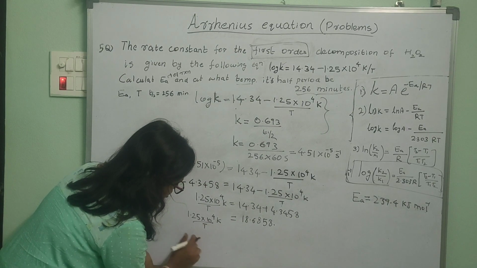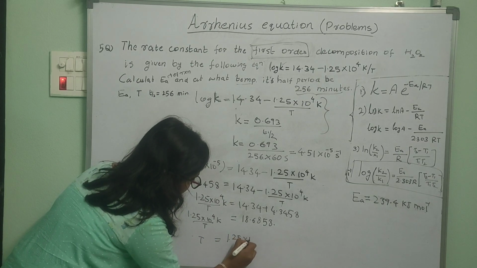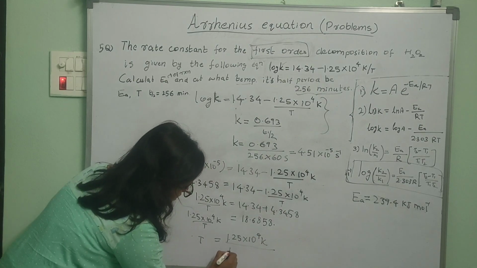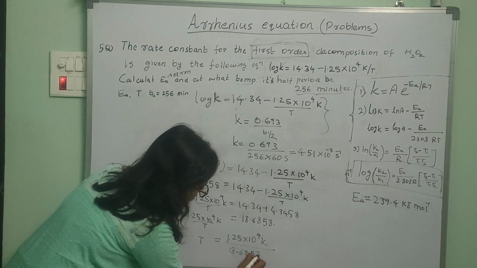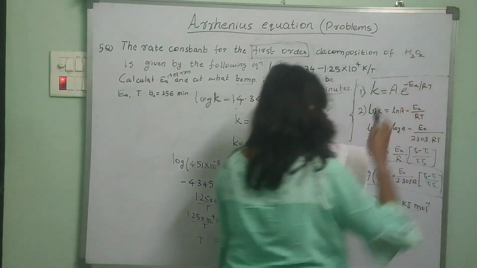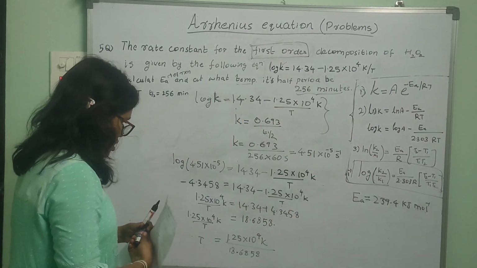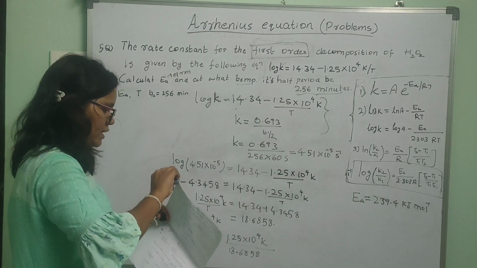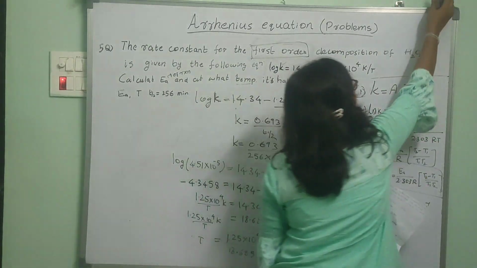This is my T. So T would be equal to 1.25 into 10 power 4 Kelvin by 18.6858. So when you solve this, the answer you get would be around 668.9 Kelvin. So you can use the calculator to solve this.